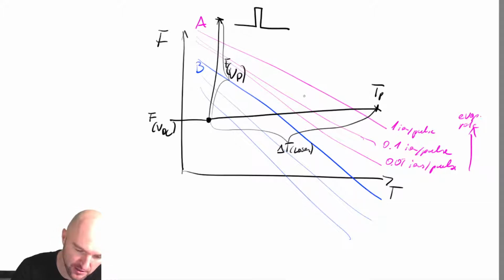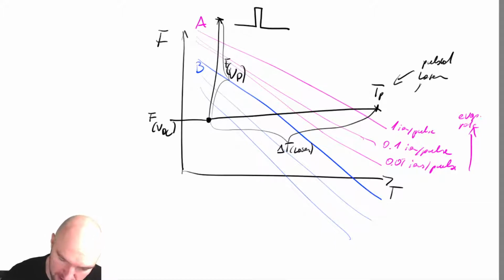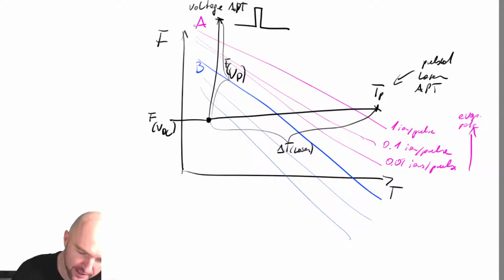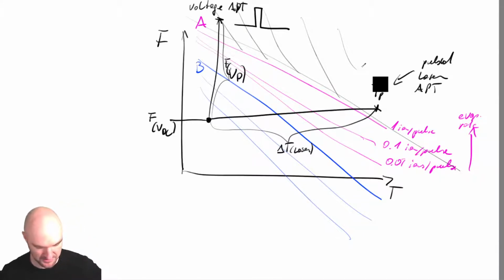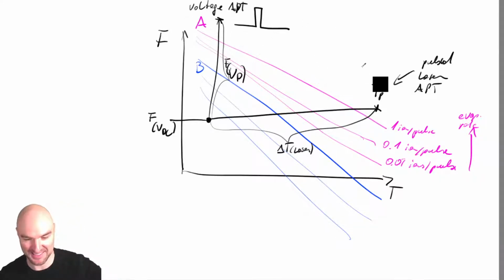And obviously, this is pulsed laser APT, and this is voltage APT. But all we need is a pulse that gets us into the, maybe with a little bit of colors so that it doesn't get too overloaded.